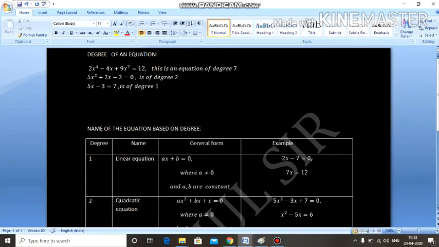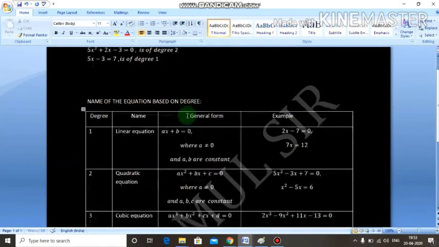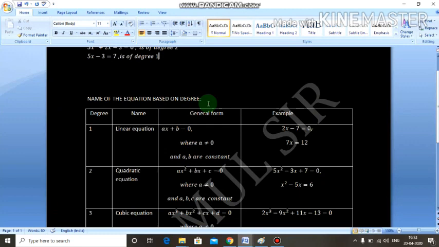On the basis of degree, we can name the equation. If the degree of an equation is 1, then we name it a linear equation. For example, 2x minus 7 equals 0.